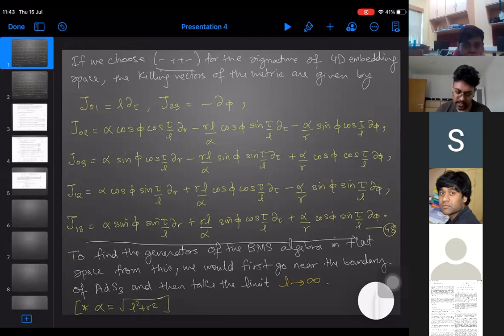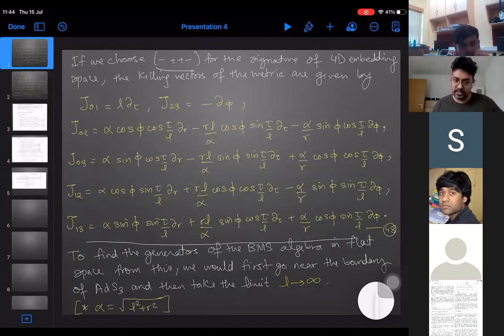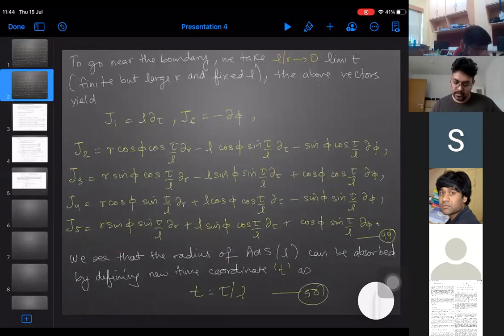So over here, as you can see, your alpha is basically root over L square minus R square, just to write it in short. If you do that, you have to take the L by R tends to 0 limit. So the above vectors which you have, which are given by this, can then be written as these equations.